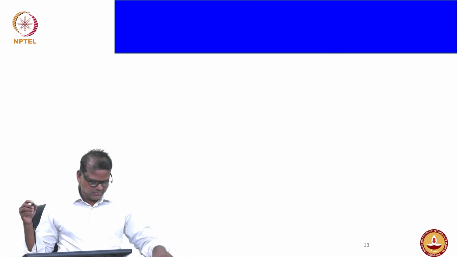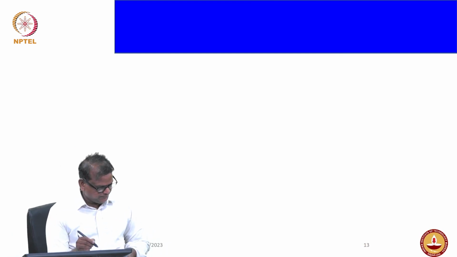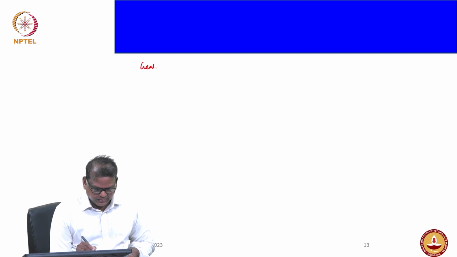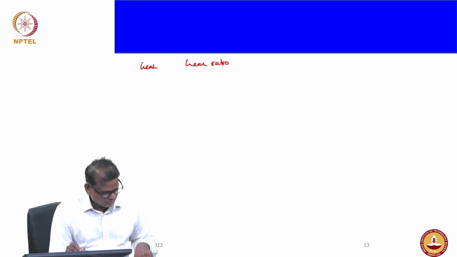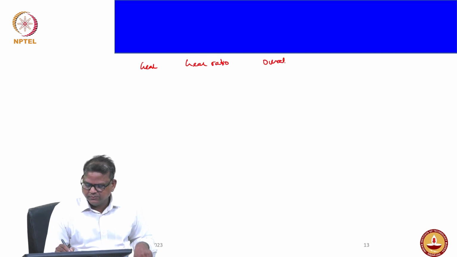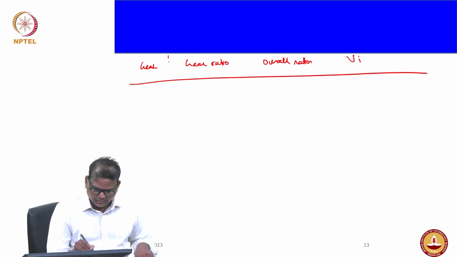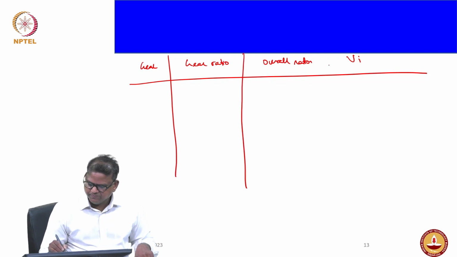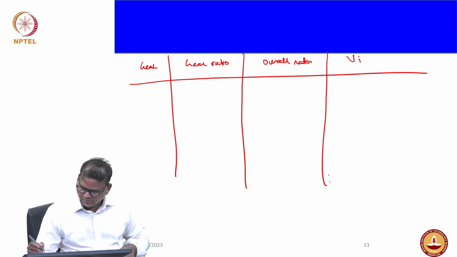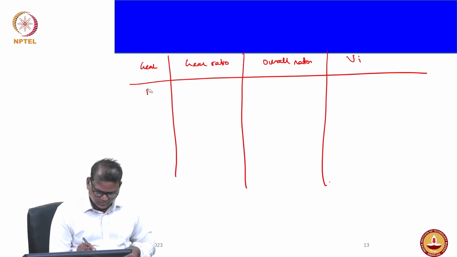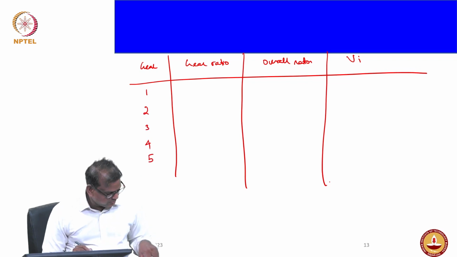The velocity table: the gear, the gear ratio, overall ratio, and finally your vehicle velocity. So this is gear 1, 2, 3, 4, 5. There are 5 speeds.